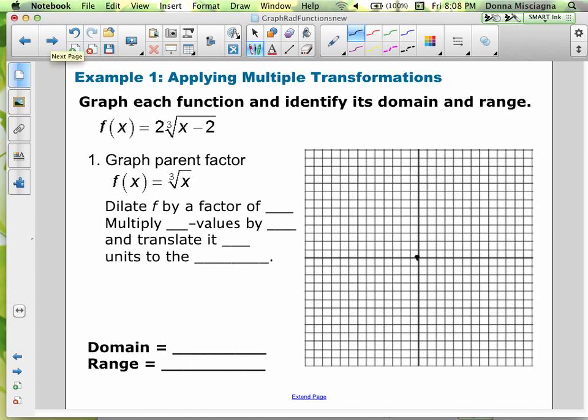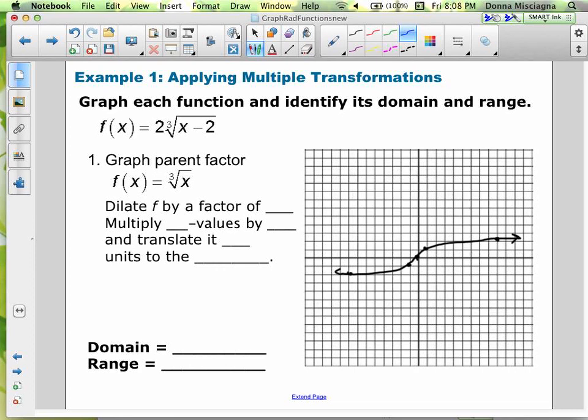So we have (0, 0), (1, 1), (8, 2), and you'll have these memorized if you don't already. (-1, -1) and (-8, -2). All right, so there's our cube root parent graph.